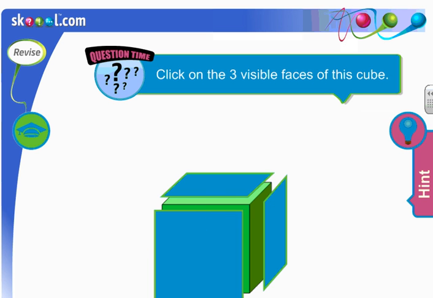But we know also, looking at it, that there are 3 faces that are not visible because they're not shown in the view. The opposite of this face, the opposite of this face, and the opposite of this face. So there are 6 faces total in a cube. So when you're looking at a three-dimensional object and you are asked how many faces there are, you have to remember that some of them are hidden from view.